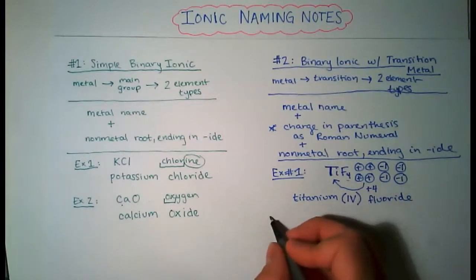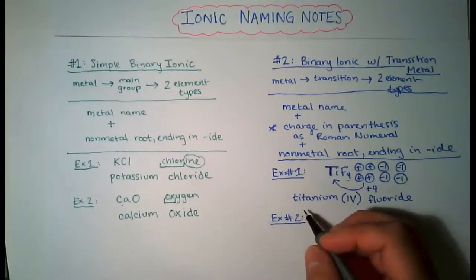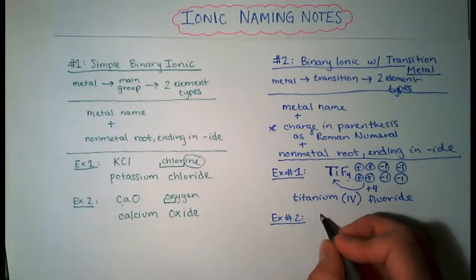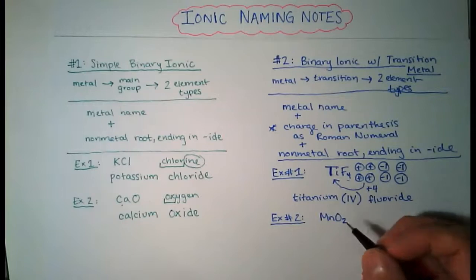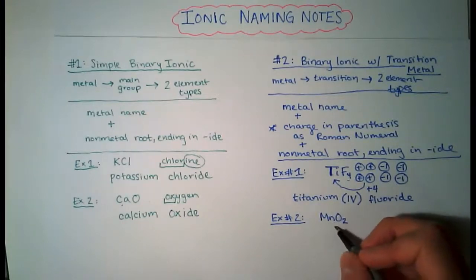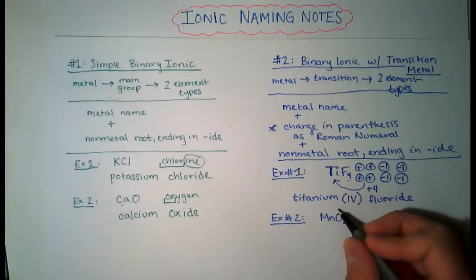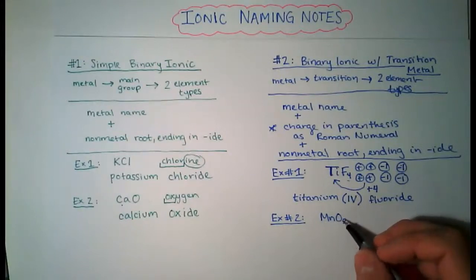So let's do one more example of that. Example number 2, we will do manganese MnO2. So here, manganese is a transition metal, so we need to determine the total amount of negative charge and then balance it with the correct amount of positive charge.